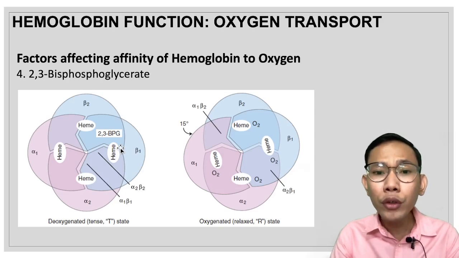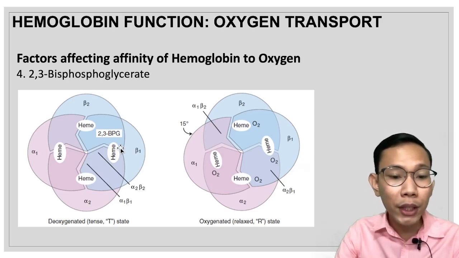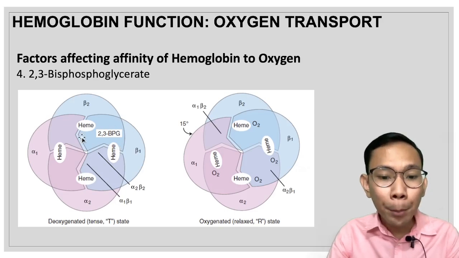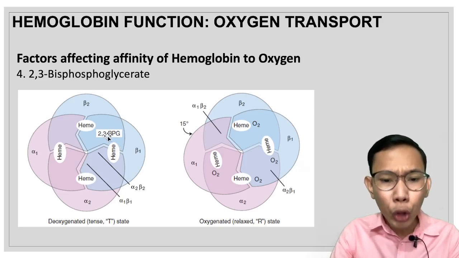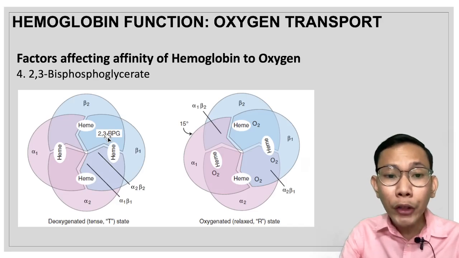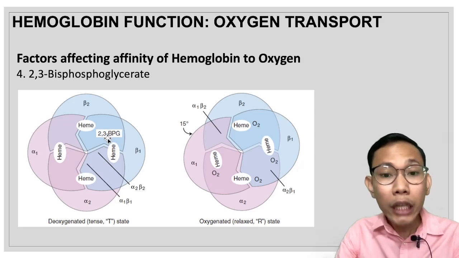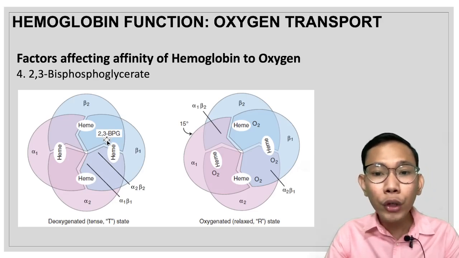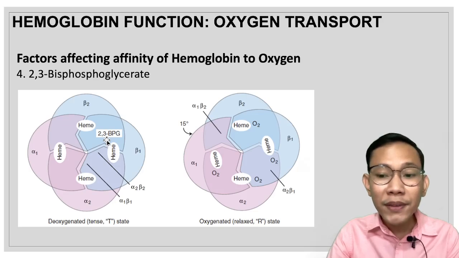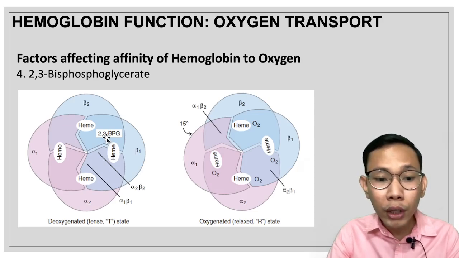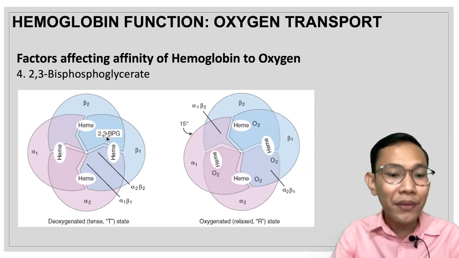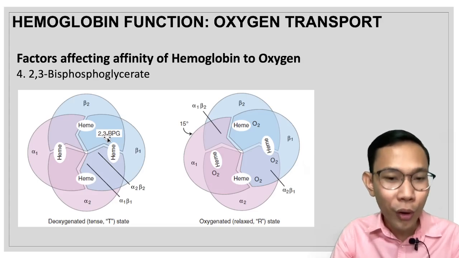The formation of salt bridges between the phosphate of 2,3-BPG and the positively charged groups of the globin chains further stabilizes the tetramer in the T conformation. Therefore, the binding of 2,3-BPG shifts the oxygen dissociation curve to the right, favoring the release of oxygen.